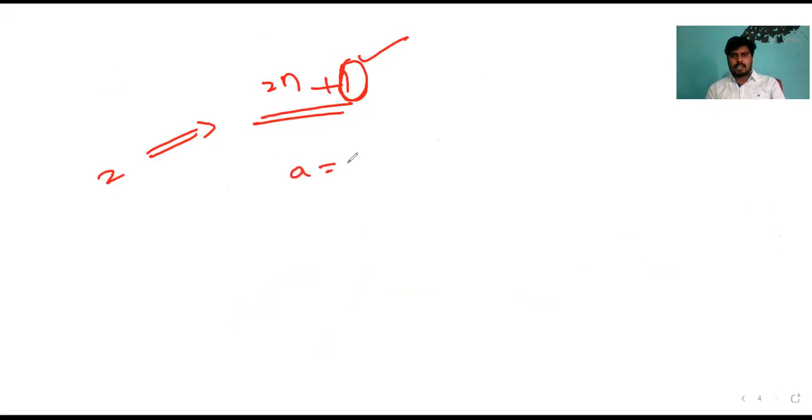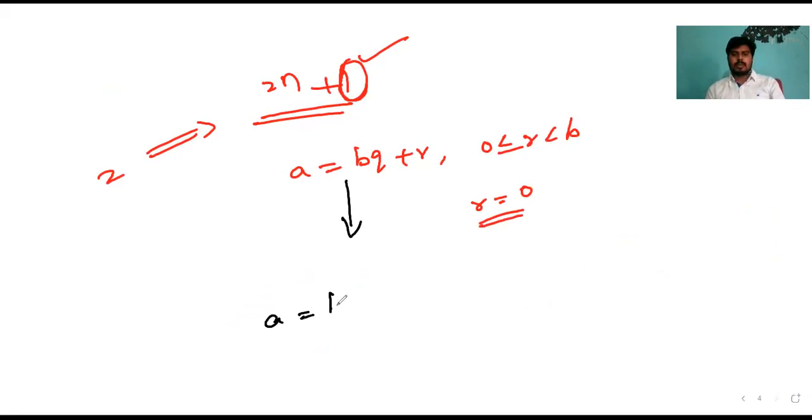Suppose a equals bq plus r, where 0 is less than or equal to r, which is less than b. If the remainder is 0, then the Euclid division lemma becomes a equals bq only.